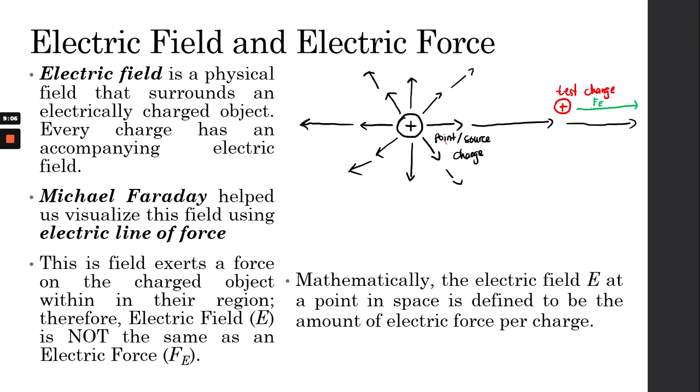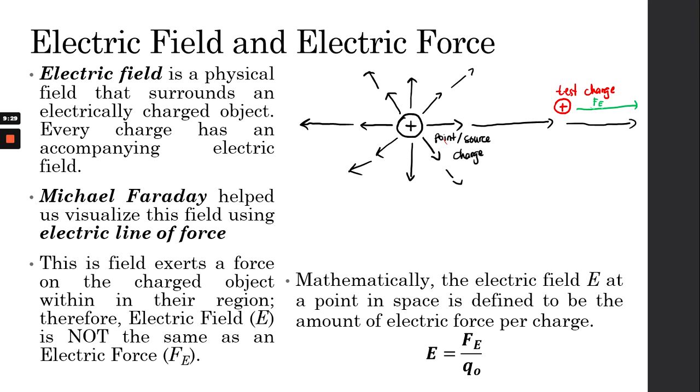If I want to measure the electric field at this point right here, one way that I can do that is to get the magnitude of the electric force and divide it by the charge right here.